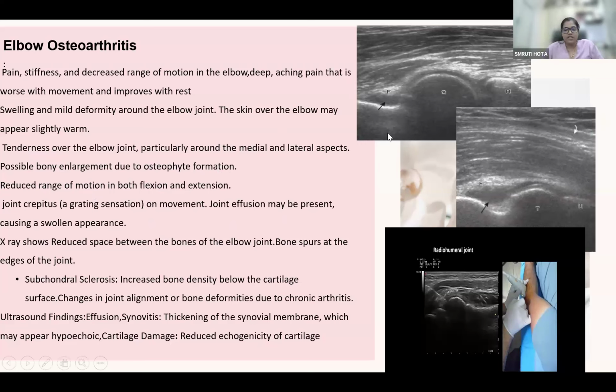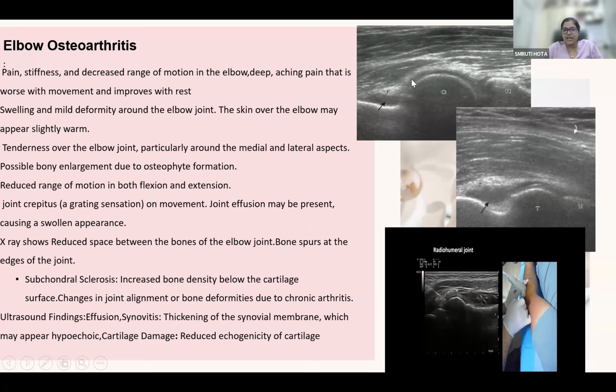By ultrasound examination, you can see the lifting of the fat pad in the ulnotrochlear and radiohumeral joint. You see how this is lifting of the fat pad. In a similar way in the posterior joint also, you can see the same picture. In the X-ray also you can see the same changes, bone spur, subchondral sclerosis, and in ultrasound you can see effusion, synovitis, and also cartilage damage.